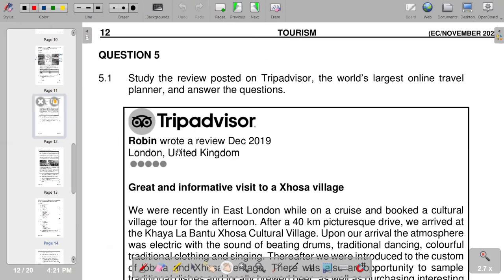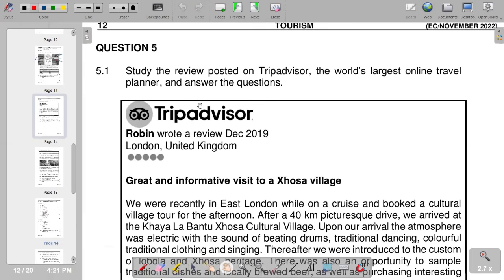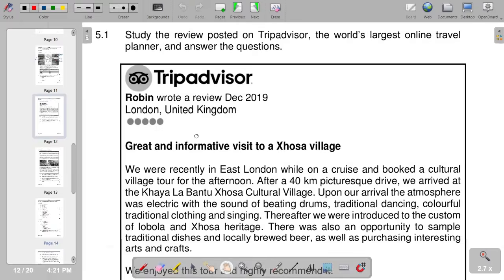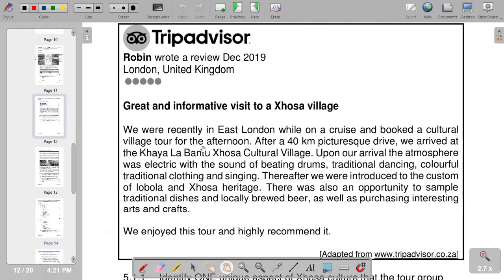So we move on to question 5, whereby we have to study the review posted on TripAdvisor, the world's largest online travel planner, and answer other questions. So we have the information given that we need to go through.